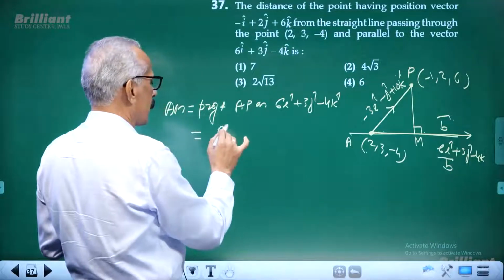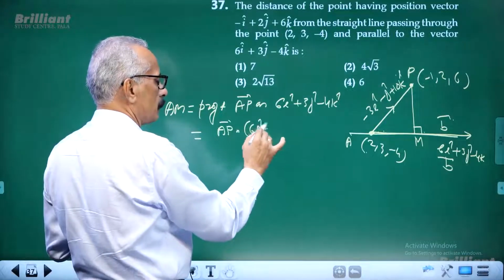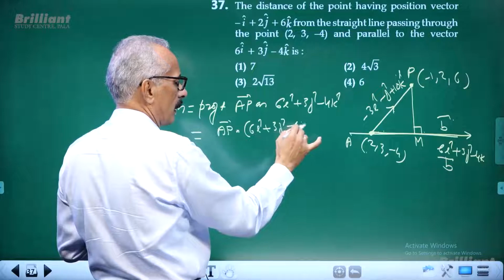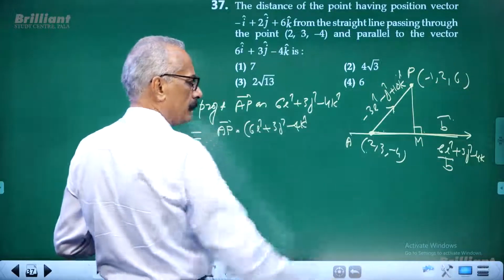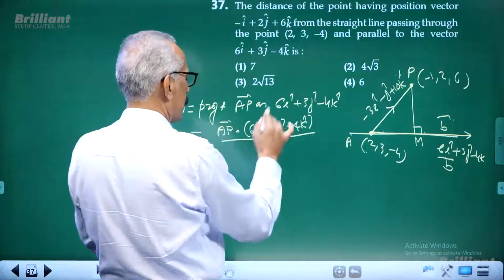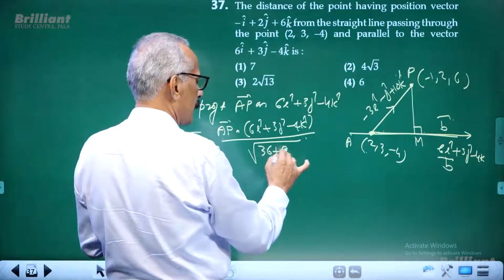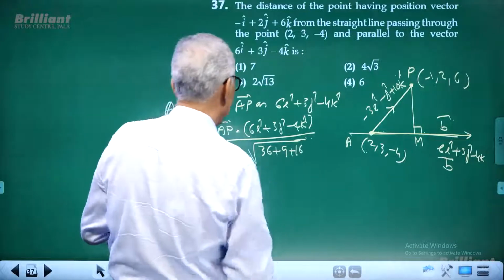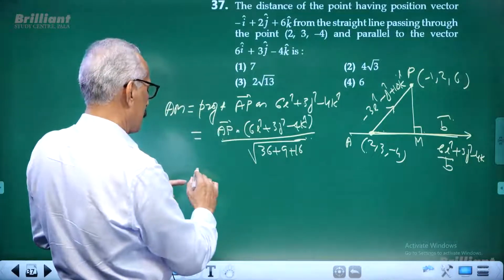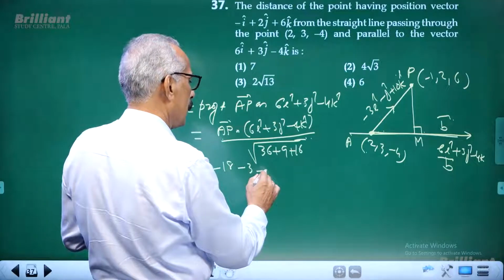So it is vector AP dot 6i plus 3j minus 4k divided by the magnitude, root over 36 plus 9 plus 16. That's all. AP dot, you tell me that will be minus 18, then minus 3, minus 40.